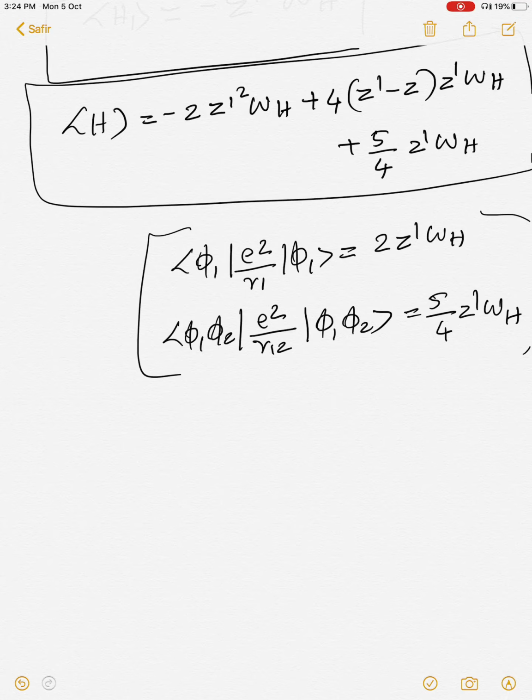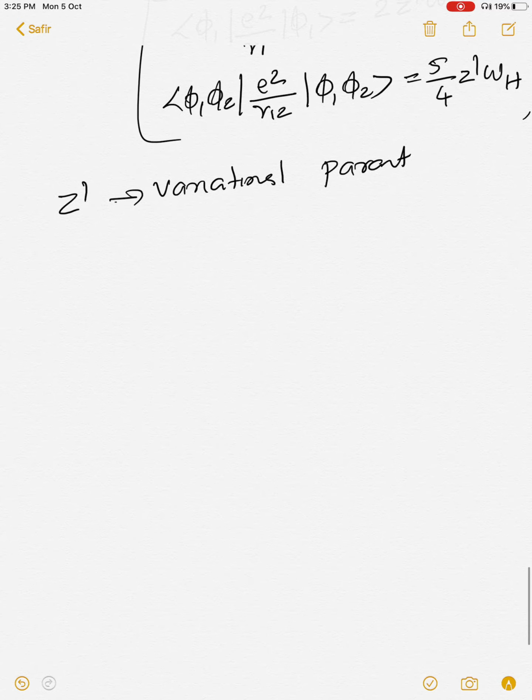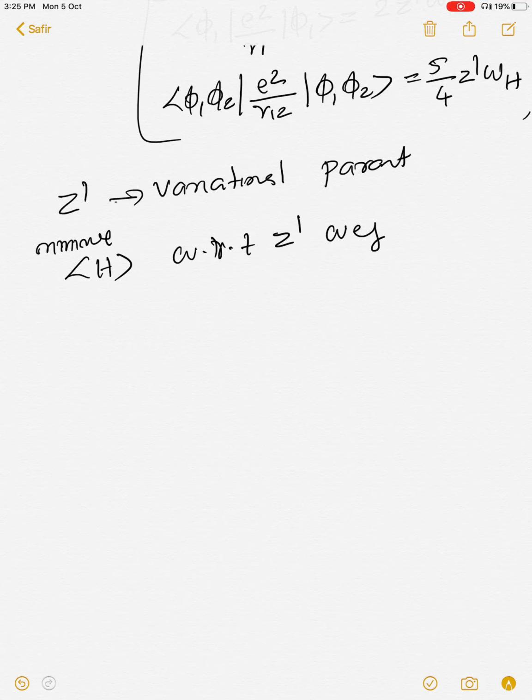Now this is the expectation value. We got the energy value, but we have to apply the variation to z prime. We treat it as a variational parameter. We minimize H with respect to z prime, that is dou H by dou z prime equal to 0.